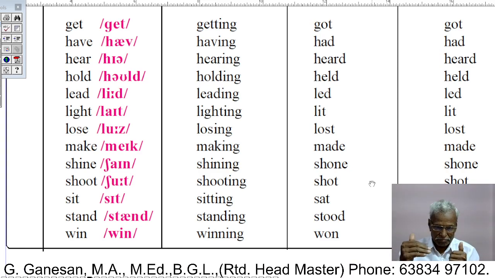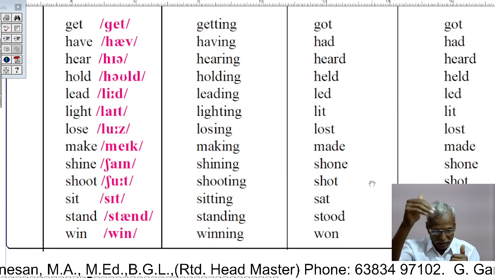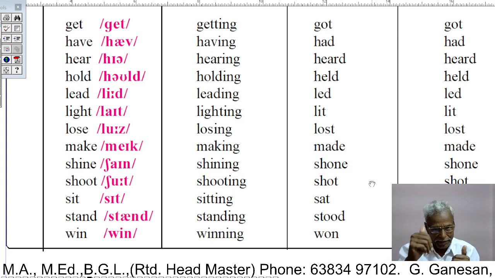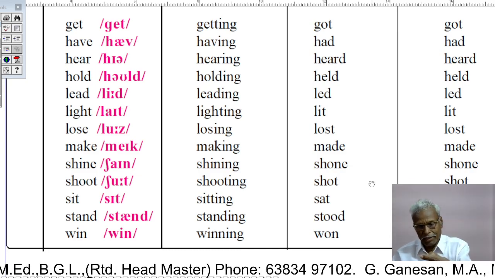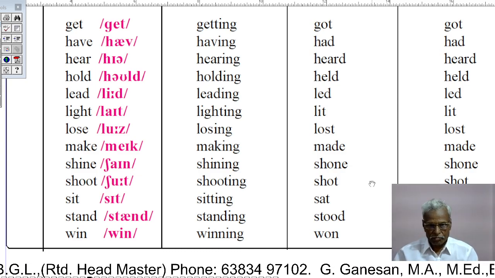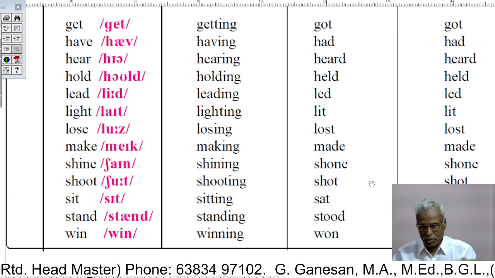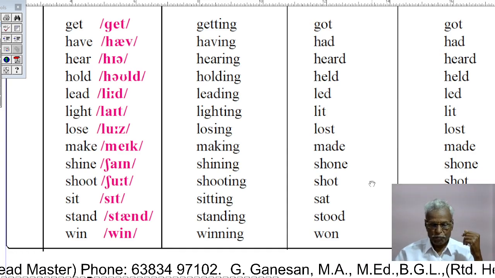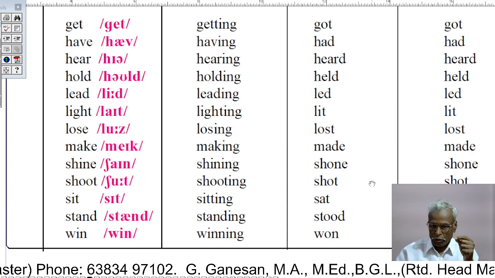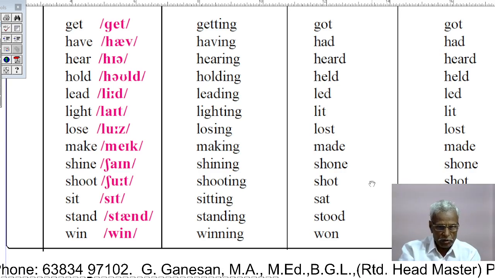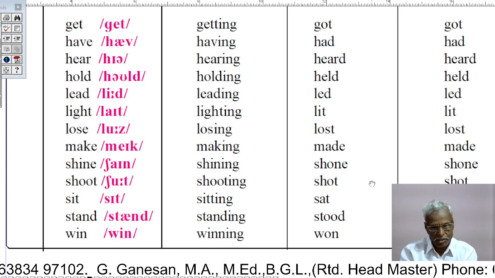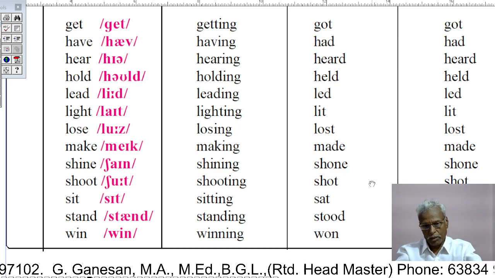Stand: drop the two letters A and N and take a double O. Stood. Stand, stood. And the word win: drop the I and take O to form past and past participle.